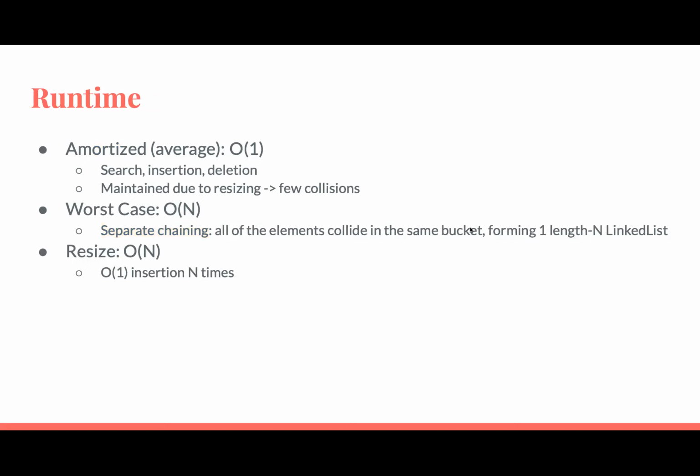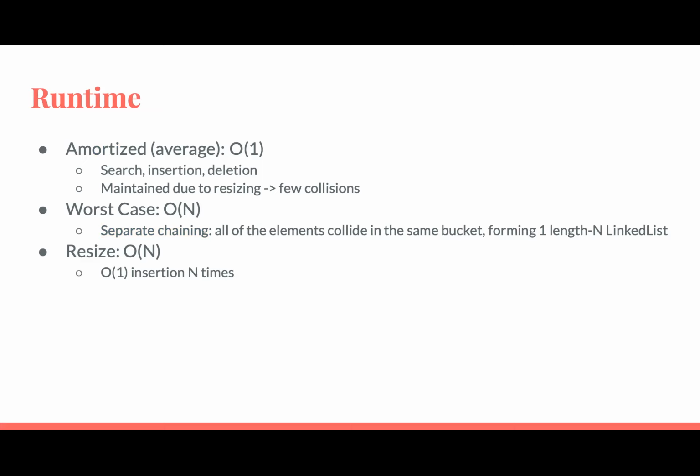So about the runtime of a hash table, the amortized or average runtime of a hash table is O(1), constant time for search, insertion, and deletion. And this is maintained due to resizing, leading to few collisions. In the worst case, the hash table runs in O(n) time.